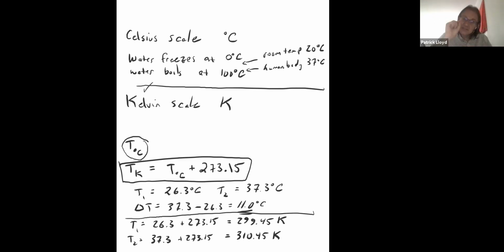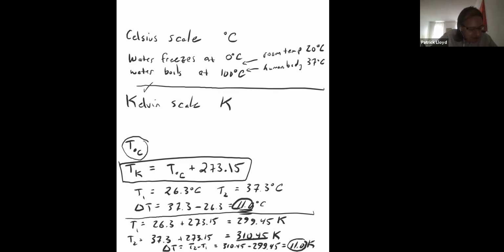Now, let's calculate delta T for this. Delta T, again, is just T2 minus T1. So that would be 310.45 minus 299.45. And guess what you get when you do that? You get 11.0 Kelvin. You get exactly the same number here as we had here, just with different units.